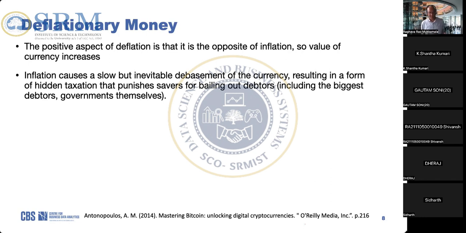This is not a new phenomenon. Probably it didn't happen in India, but in many countries this happened. They try to debase the currency so that they can bail out from the debtors and things like that. So, for example, the government can wipe off a lot of money it owes to the people.